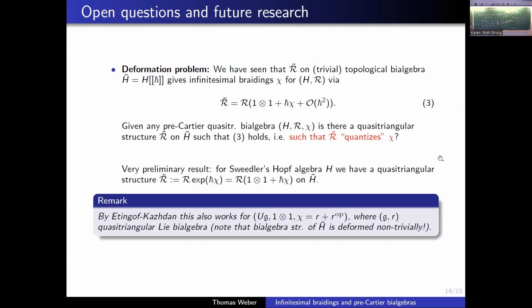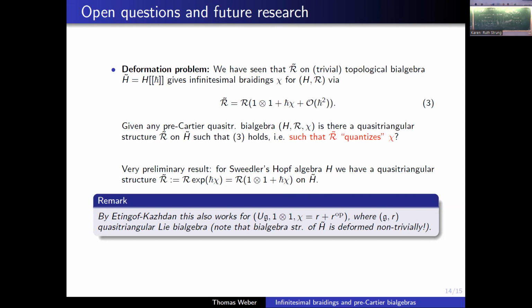We can just, for some toy models, for some very easy cases, like for Sweedler's Hopf algebra, take simply the exponential of your chi, and here it's very trivial since the second order even vanishes. You can show that this gives you a quasi-triangular structure on H tilde that has chi in first order.